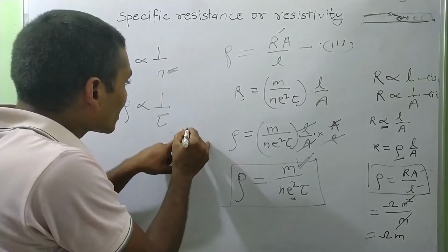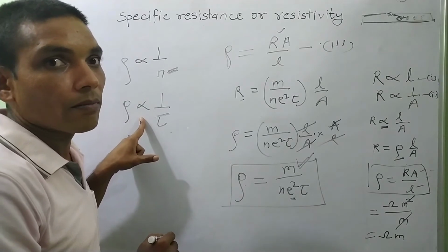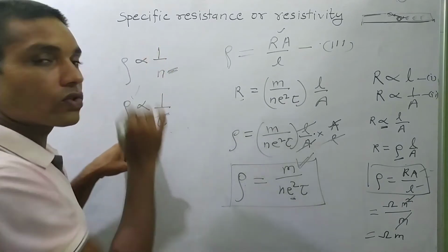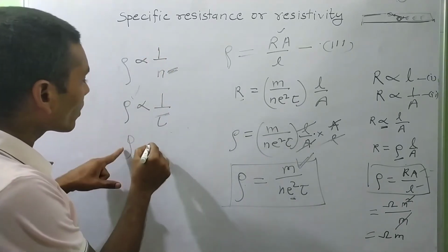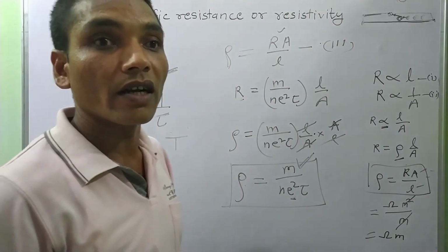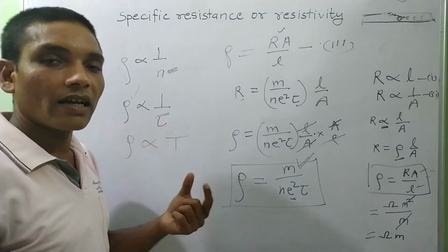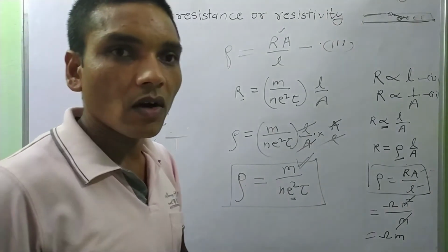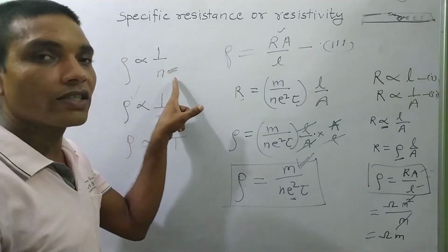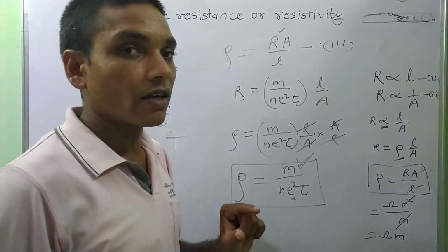Tau decreased means rho will increase. So when temperature is increased, rho is also increased. So rho is directly proportional to the temperature of the conductor. So two factors affect the resistivity of any conductor: first, the nature of the conductor, and second, the temperature of the conductor.